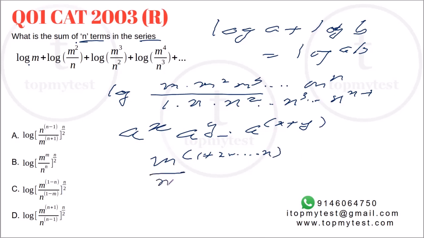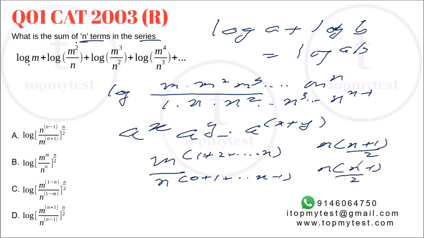For n, the power will be 0 plus 1 till n minus 1. This is the sum of the first n natural numbers, that will be n into n plus 1 divided by 2. This will be the sum of first n minus 1 natural numbers, that will be n into n minus 1 by 2. Just substitute n minus 1 in the previous one. You'll get n minus 1 into n minus 1 plus 1, which is n.